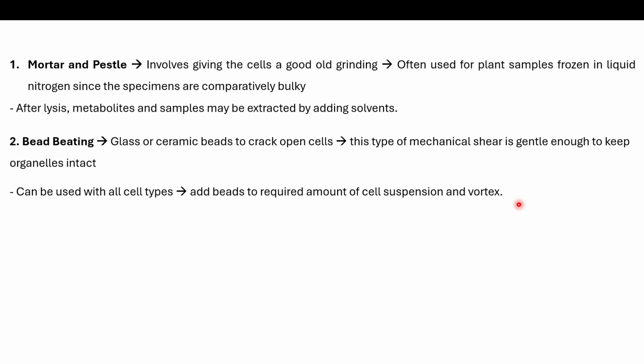You simply put it on a rotator, which gives a 360-degree rotation of the complete tube. The beads inside will rotate at certain speeds and crush your cells, and you will have your intracellular components coming out.